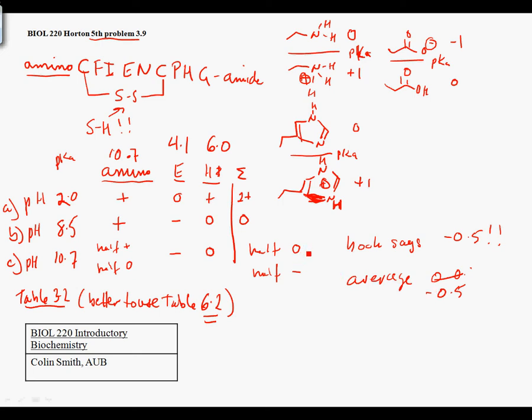So at any moment in time, half of them are neutral and half of them are negatively charged, which on average means this. That does not mean that any particular molecule or all molecules have half a negative charge.